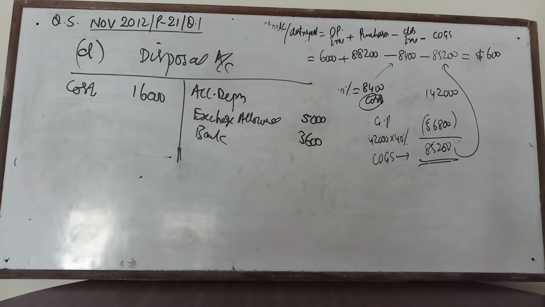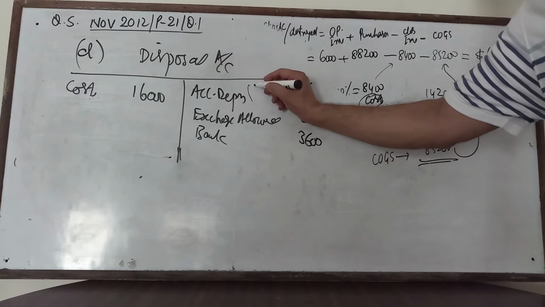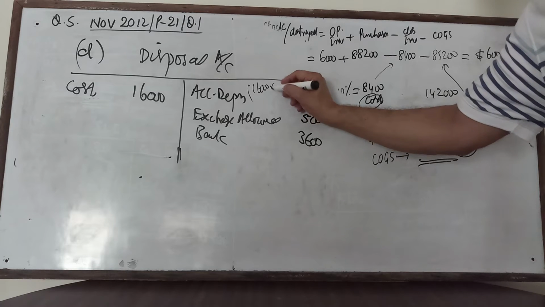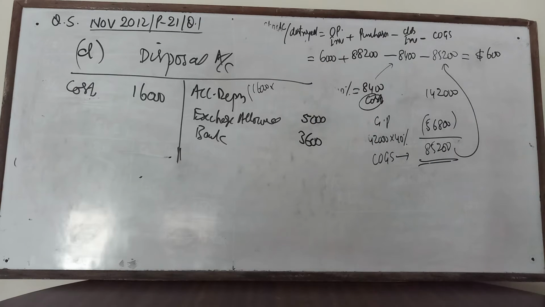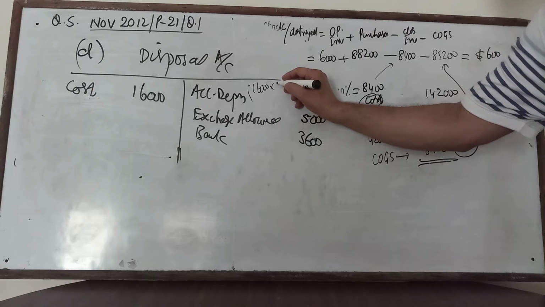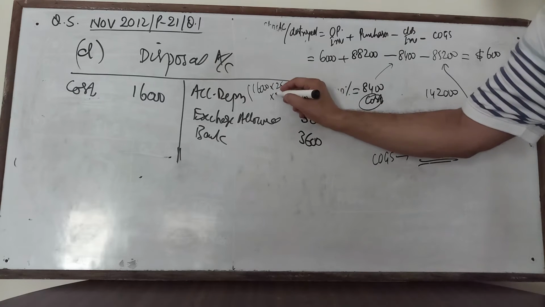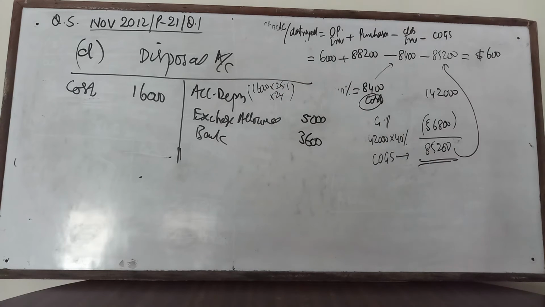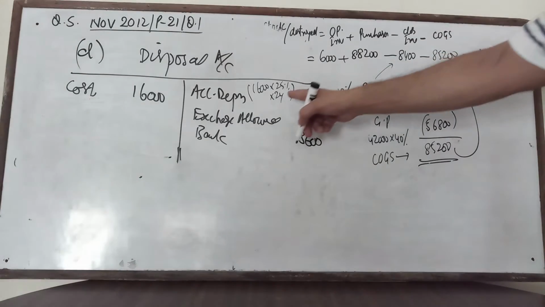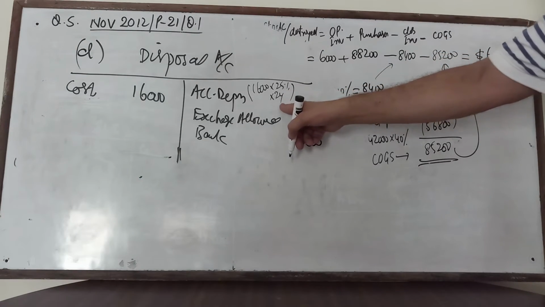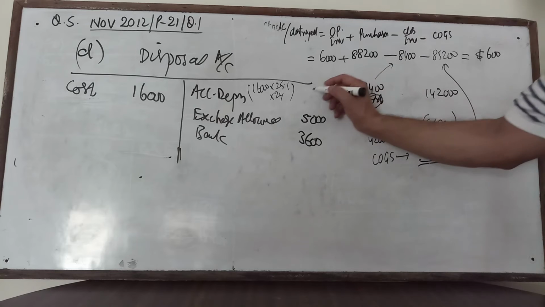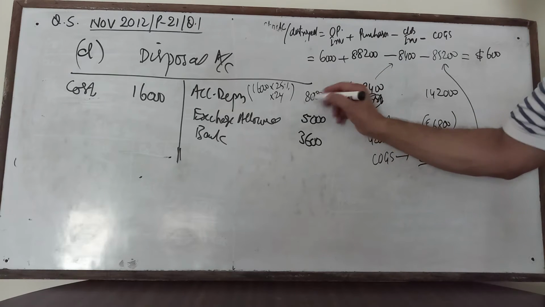16,000 multiplied by the depreciation policy of 25% and multiplied by 2 years. This will equal 8,000, the total accumulated depreciation for 2 years.